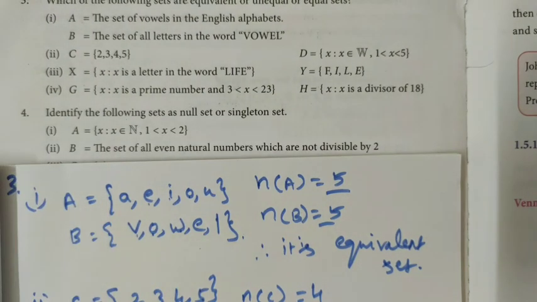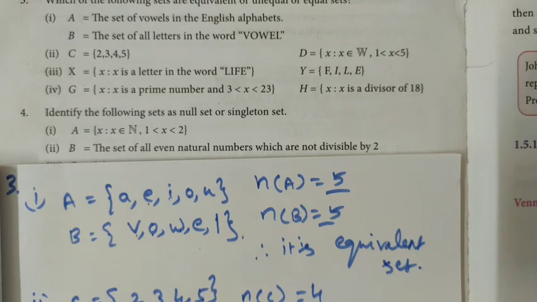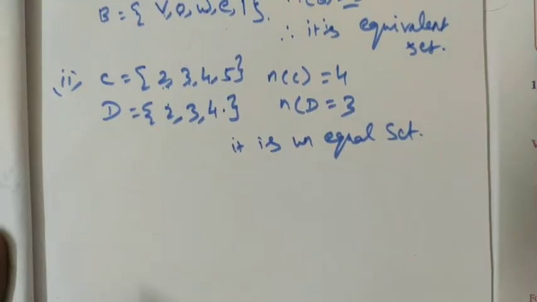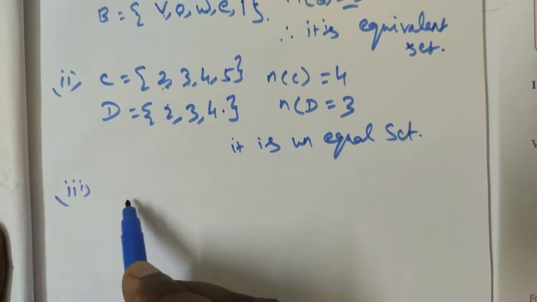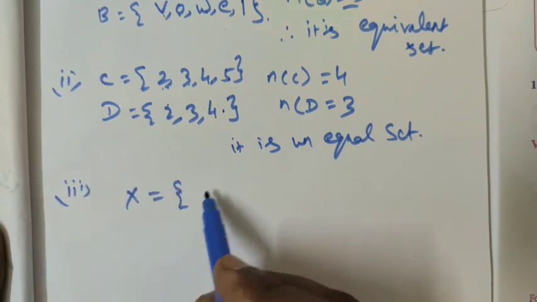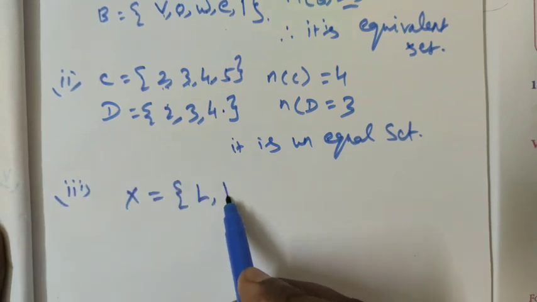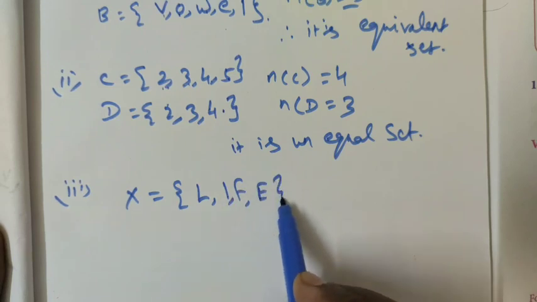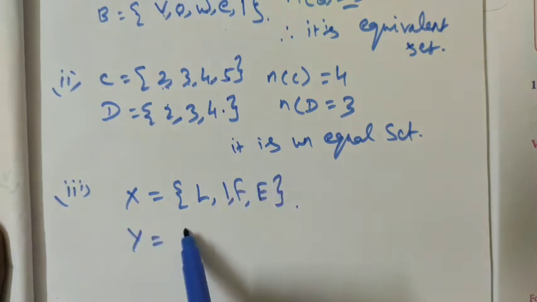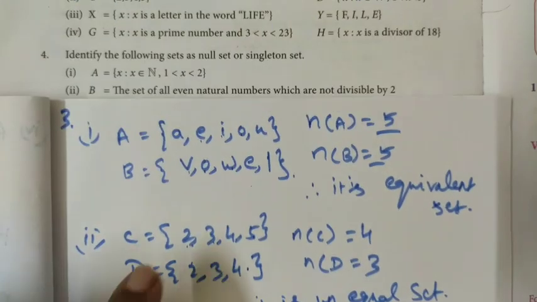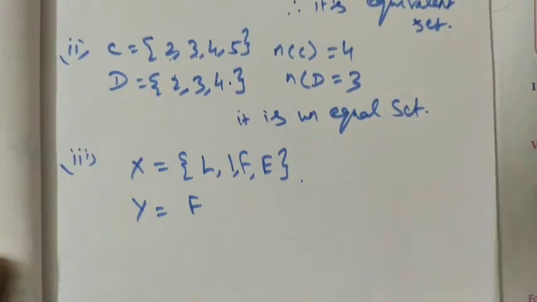See the third Roman number. The set X is given as {x such that x is a letter in the word life}. Only 4 letters, right? And then Y is the letters of F-I-L-E. So X is L-I-F-E, and the set Y is F-I-L-E.